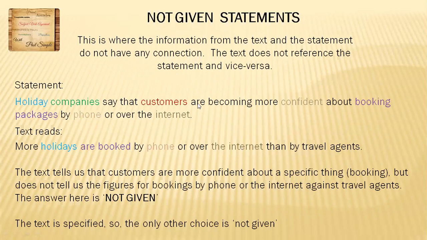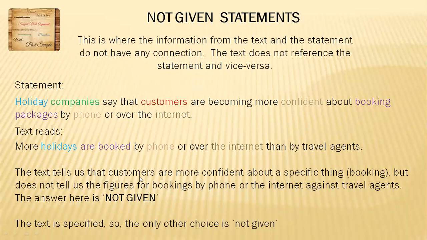There's no statistical information here. All it says is that customers are more confident, but we don't get any indicators of which one is being booked more. Internet, holidays, or phone. Sorry, travel agents or internet and phone. We don't know in this sentence, so it's not mentioned at all, so it has to say no.